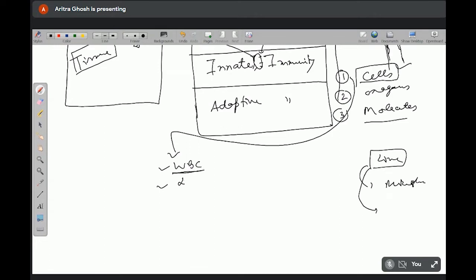These are WBC, natural killer cell, dendritic cell, mast cell, and you can say macrophage as a whole.